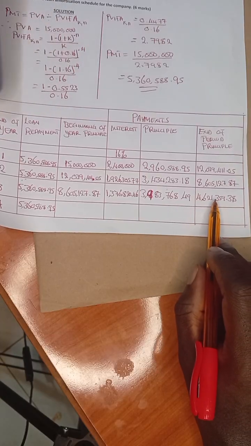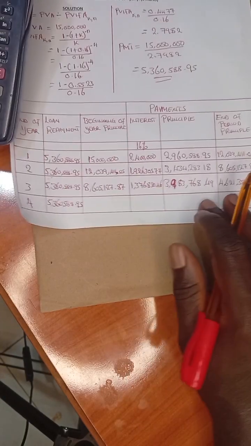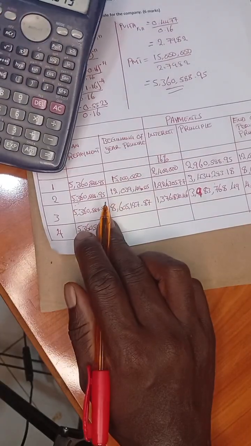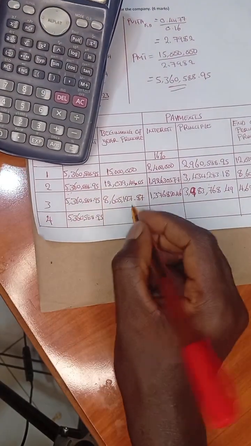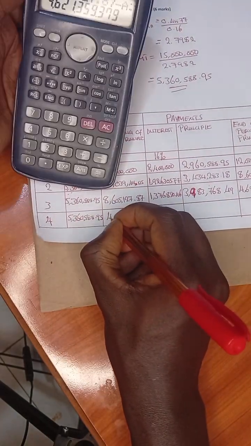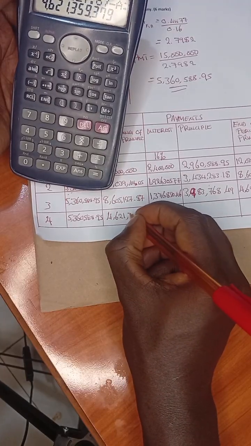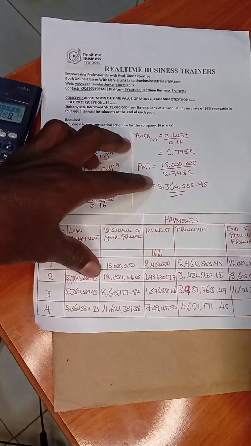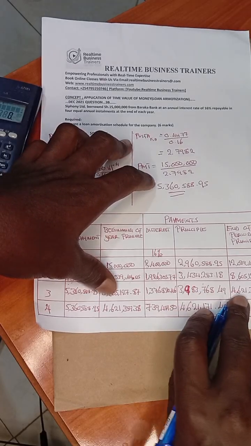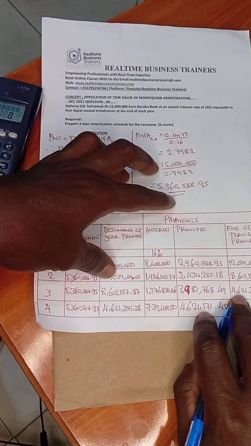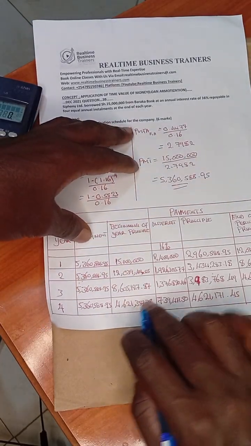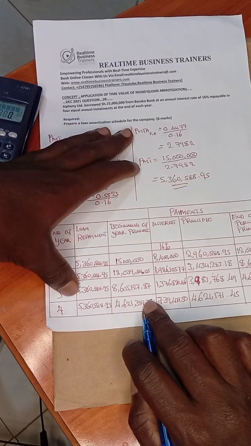And this end of year 3 principal, again, should be the beginning of year 4 principal. I hope now you can get it. That is 4,621,000. Yes, as I've said, the end of year 3 principal becomes the beginning of year 4 principal.